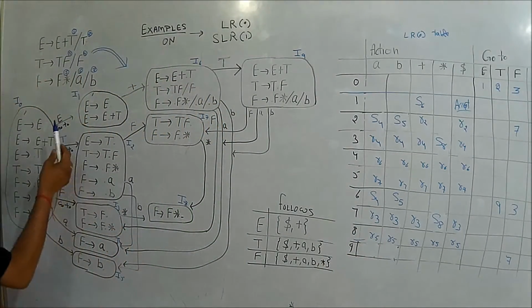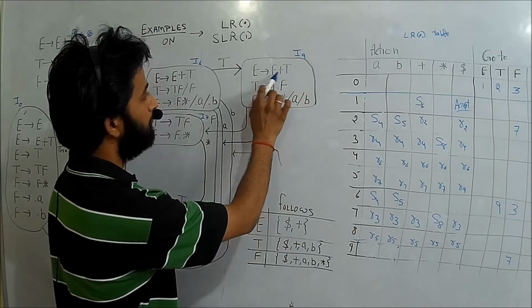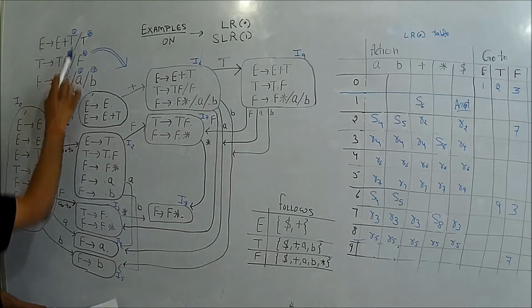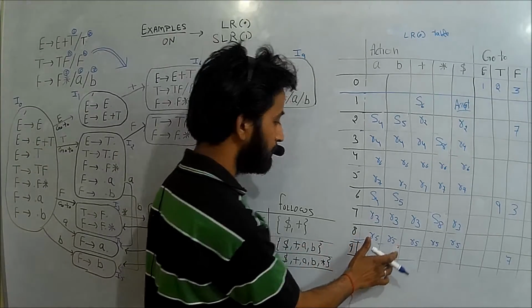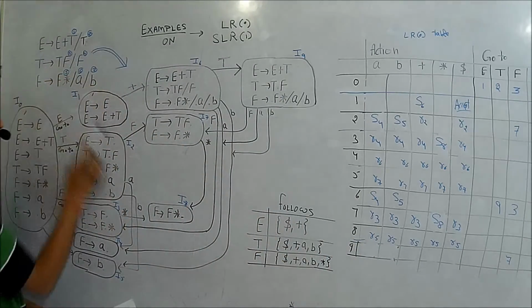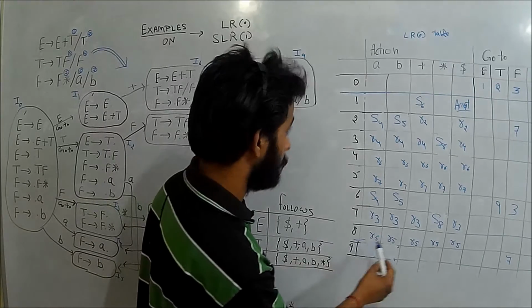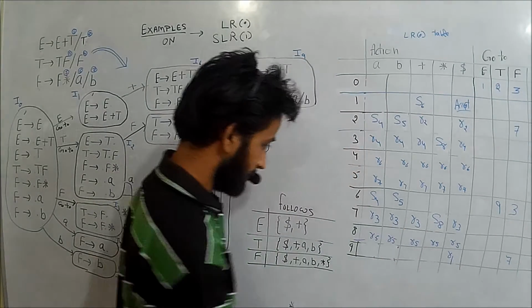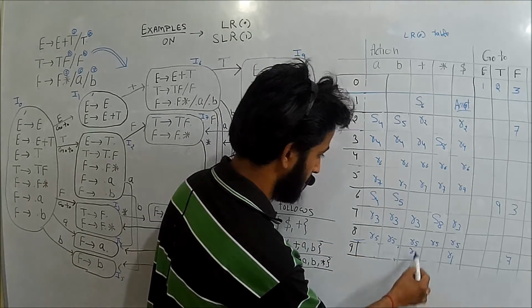Next we have here this E plus T, which can be reduced to E. So the number of that production is 1. I will put the reduce move for the follow of E. The follow of E is dollar. So under dollar I will put R1 here, and under plus R1 here.